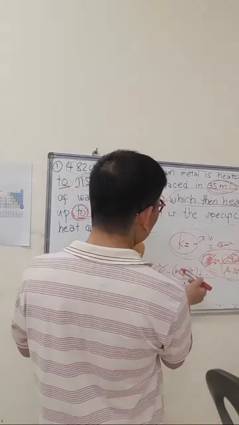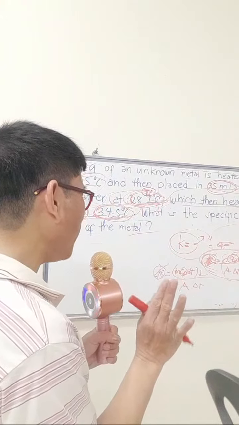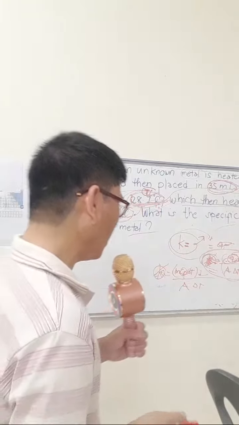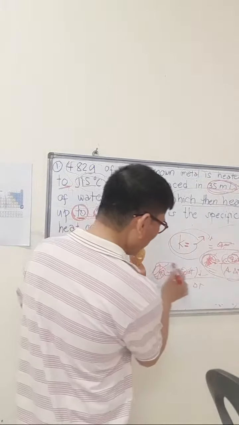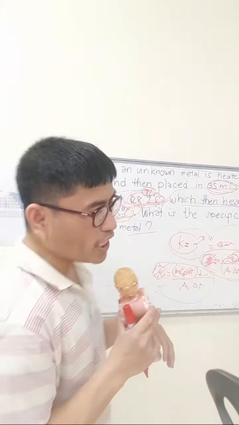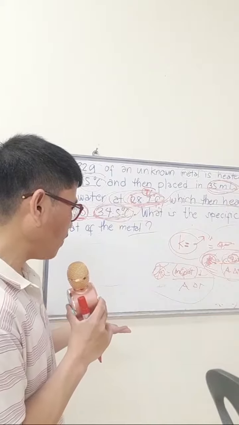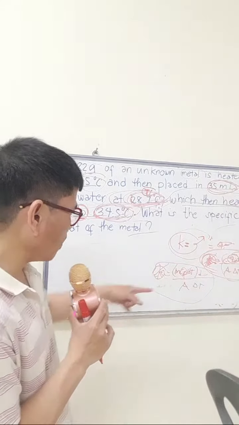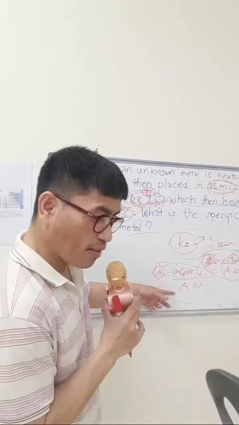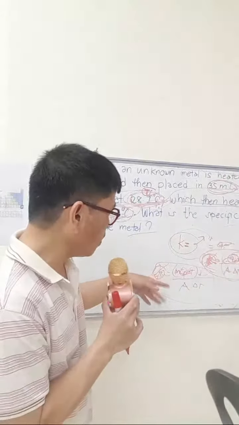So meaning to say, the specific heat of water is always higher than that of metals, and the same goes for thermal conductivity, because in the formula they are directly proportional to each other. The higher the thermal conductivity, the higher the specific heat capacity, because of this formula. Master these relationship theories because they always come out in the examinations.